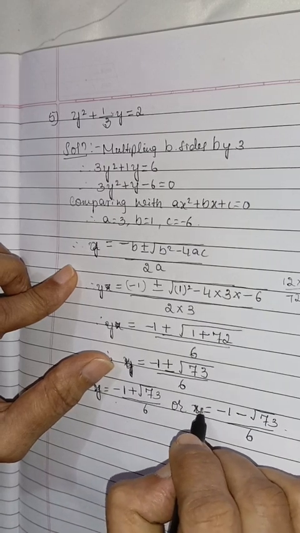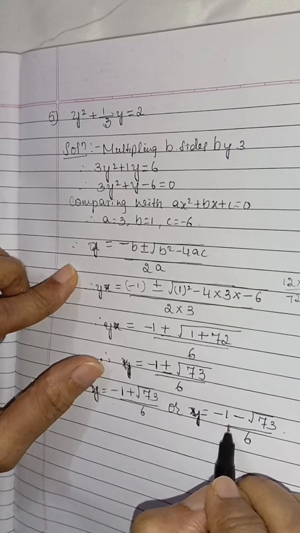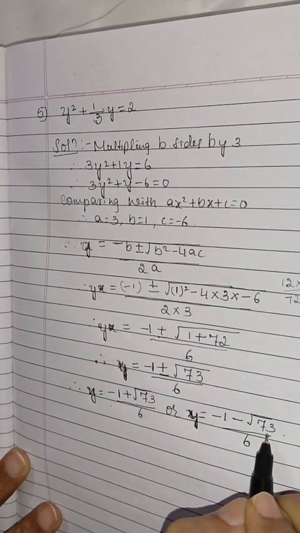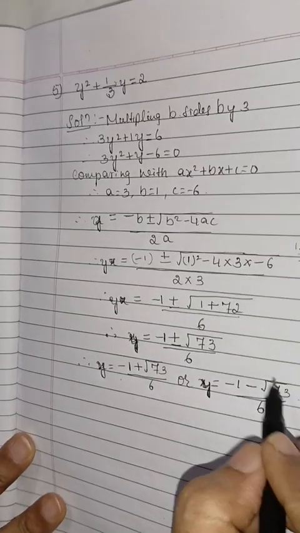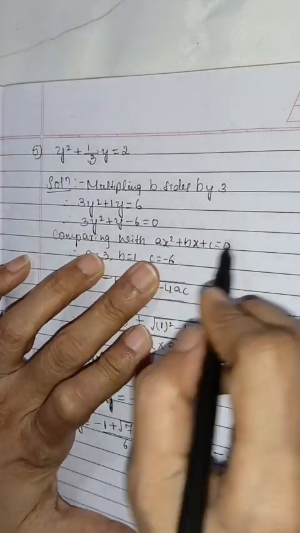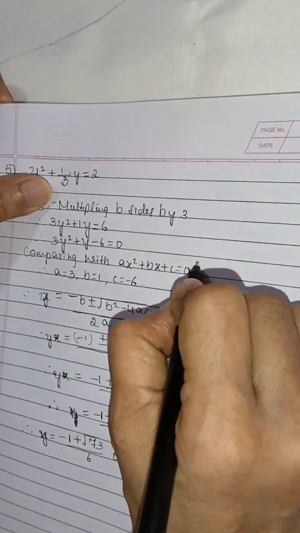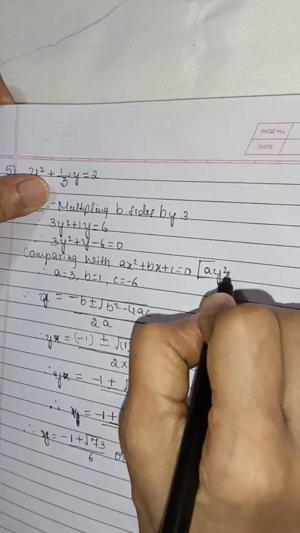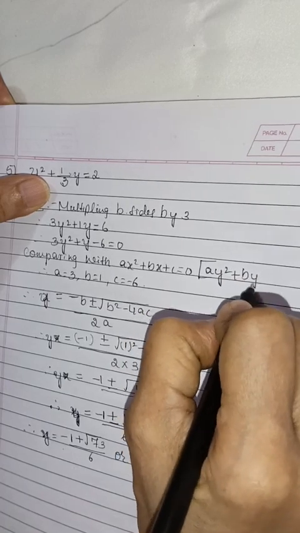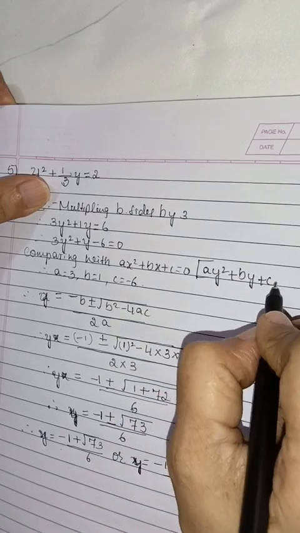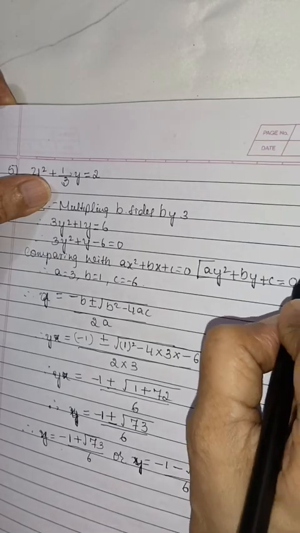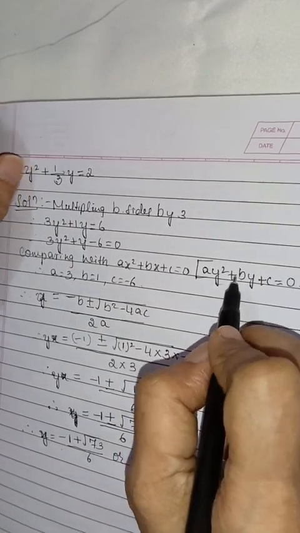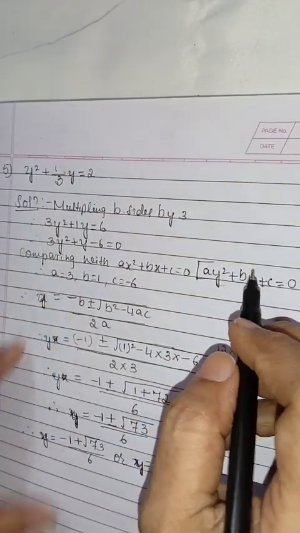Another y is minus 1 minus root 73 by 6. Okay. So here comparing with ax square, so you have to write in the y form, no? Therefore, ay square plus by plus c equal to 0. Okay. In this form you have to, because the variable is y, no?